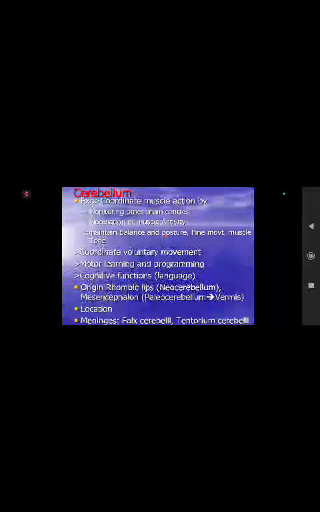It's covered by meninges, falx cerebri, tentorium cerebelli, separating it from the occipital lobe, and the falx cerebelli separates the two cerebellar hemispheres. The two cerebellar hemispheres. We have a longitudinal fissure, and in that longitudinal fissure, we have the falx cerebelli.